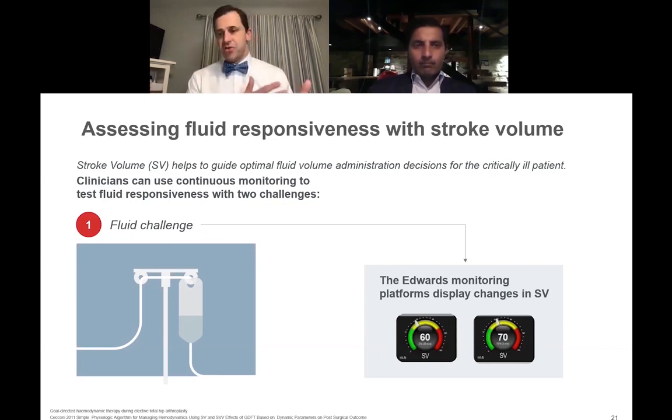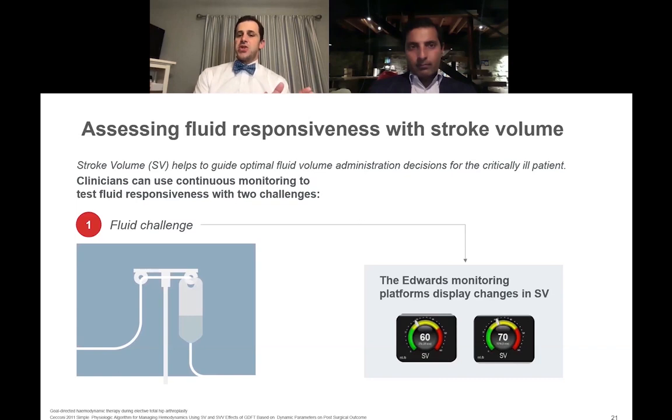They're getting product back as they're rolling from the OR to the ICU. And so what we want to see is that as we're giving this fluid, as we're giving the cell saver back, as we're transfusing product in some cases, our markers of perfusion are improving, that our fluid status is changing, and that our stroke volume is improving. So what we're going to do is continuously be testing and retesting this hypothesis.